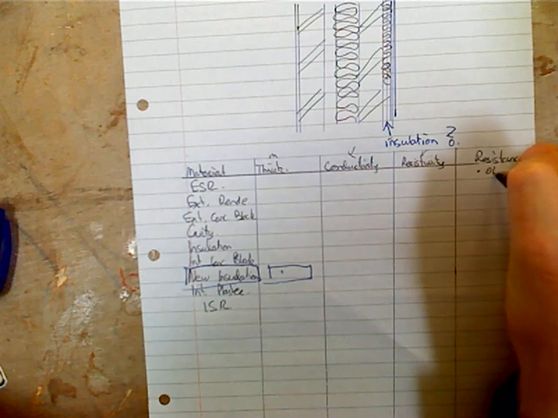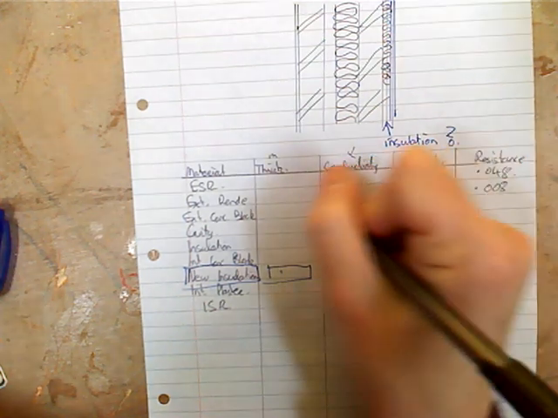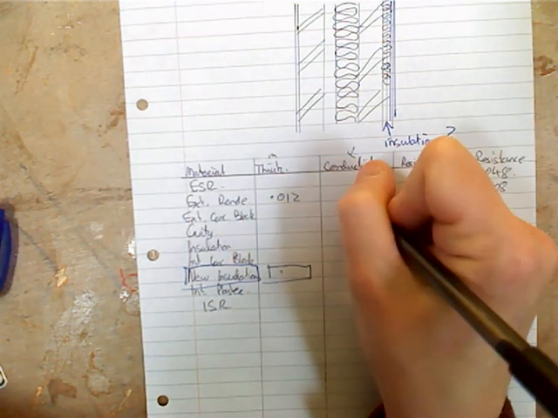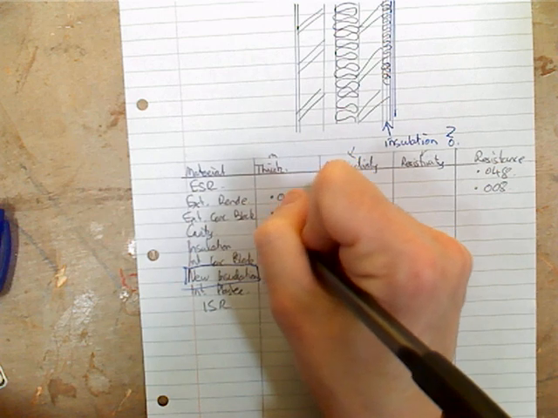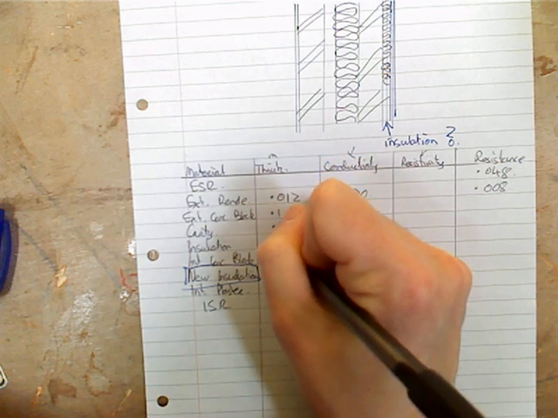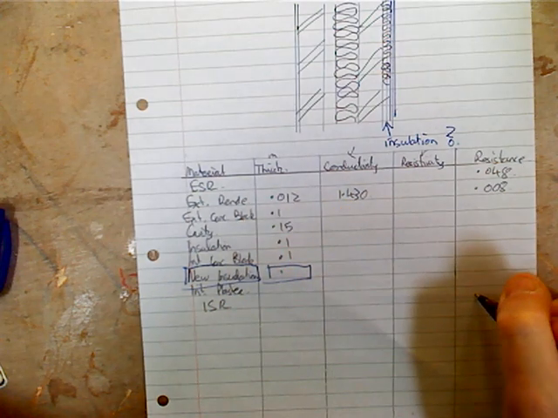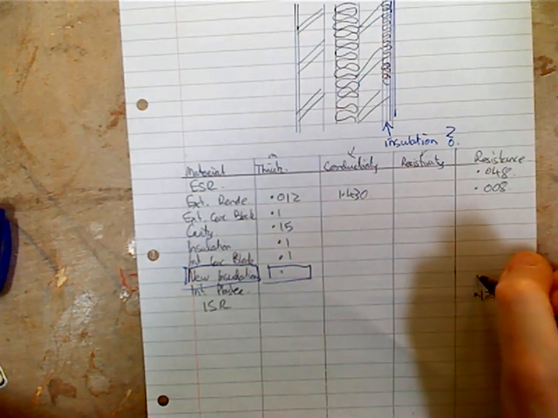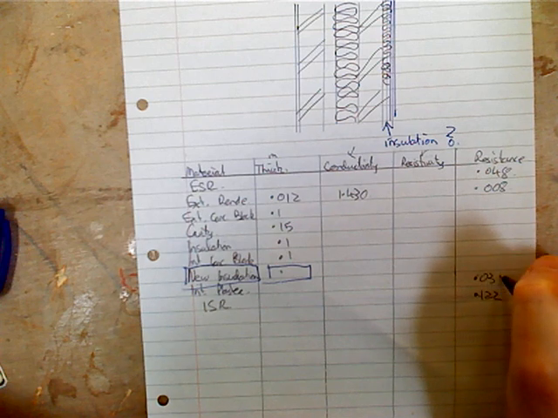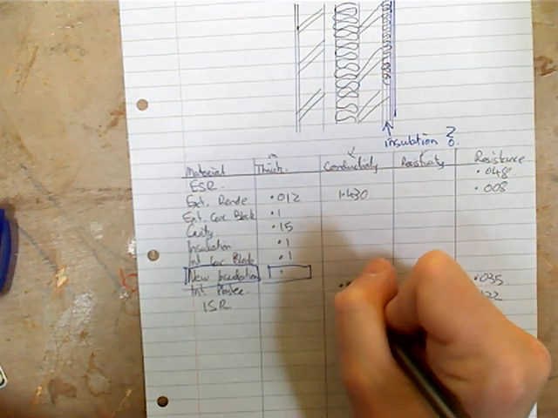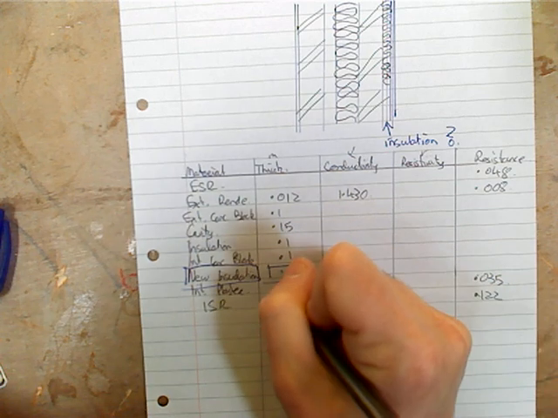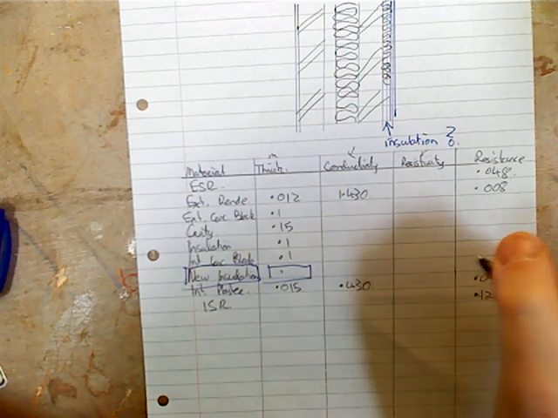ESR is 0.048, 0.008, 0.012, 1.430, 0.1, 0.15, 0.1, 0.1. ISR value is 0.122. Internal plaster value is 0.035, 0.430, 0.015.